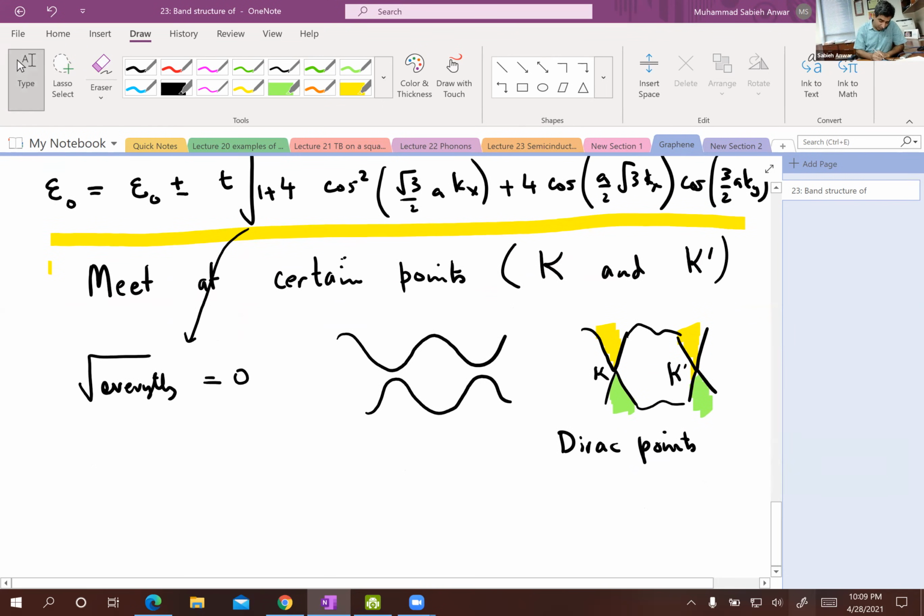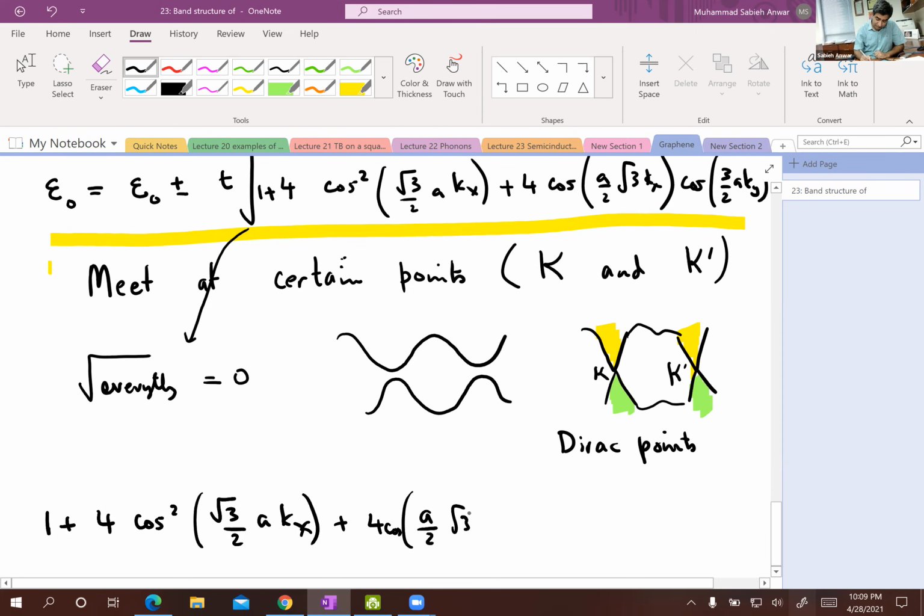So I can put 1 plus 4 cosine of square root 3 over 2 a kx, plus 4 cosine of a over 2 ... square root 3 kx cosine of 3 over 2 a ky. I can put this equal to 0.